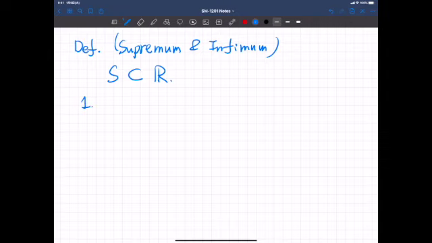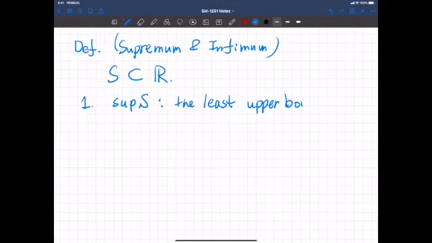And let's first, if S is bounded above, the least upper bound, if it exists, is called the supremum of S. Okay, so supremum, we write sup S, and it is defined as the least upper bound of S. Of course, an upper bound must exist in this case.